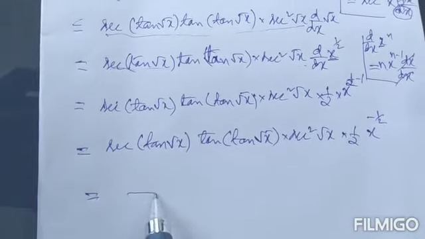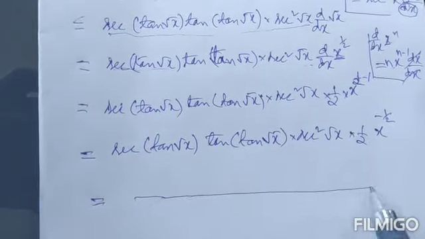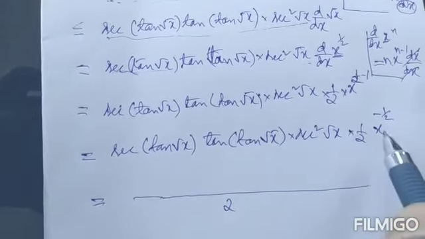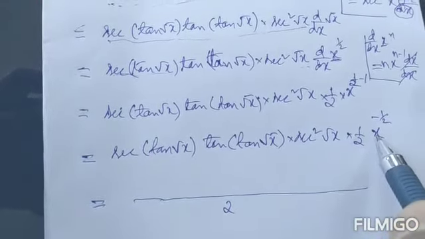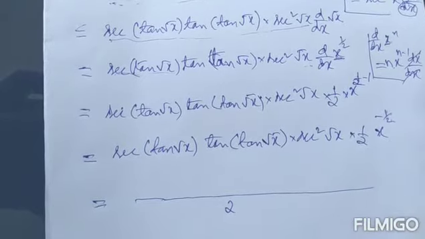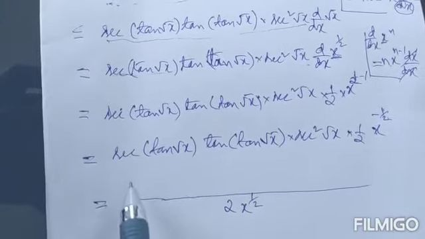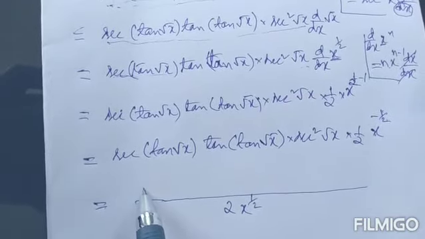So in the next line, what I have on the denominator is 2. When I bring x to the denominator, it will become x power 1 by 2. Numerator, the rest will be here.